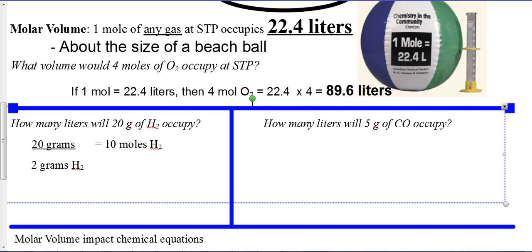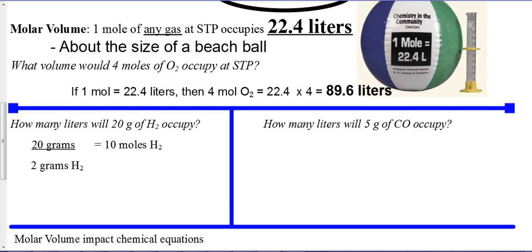Now that I have 10 moles of hydrogen gas, I can now essentially solve it just like the problem above, where I solved for 4 moles of oxygen gas.